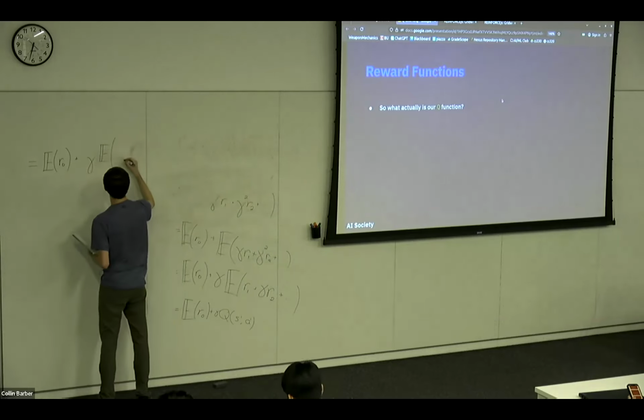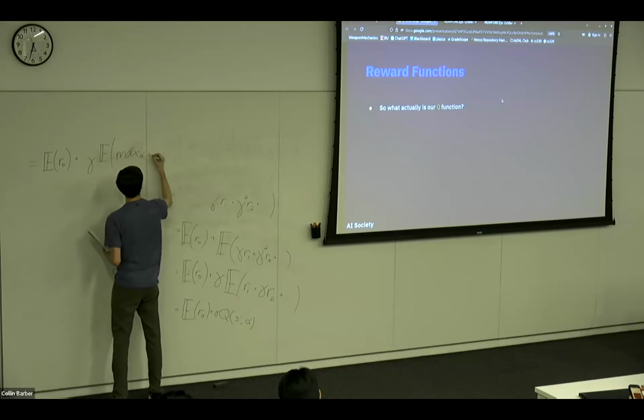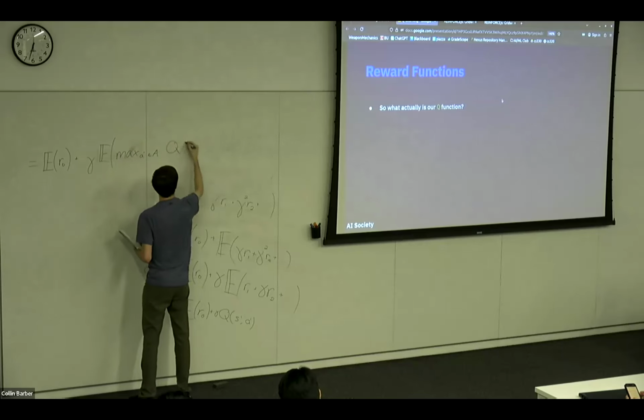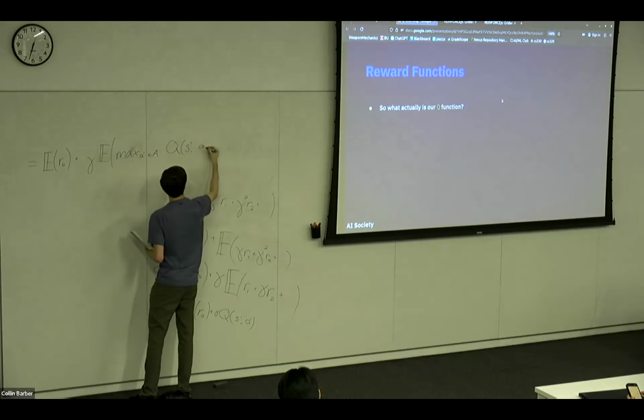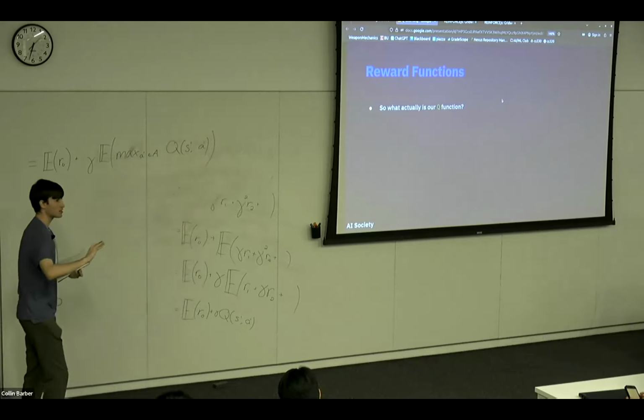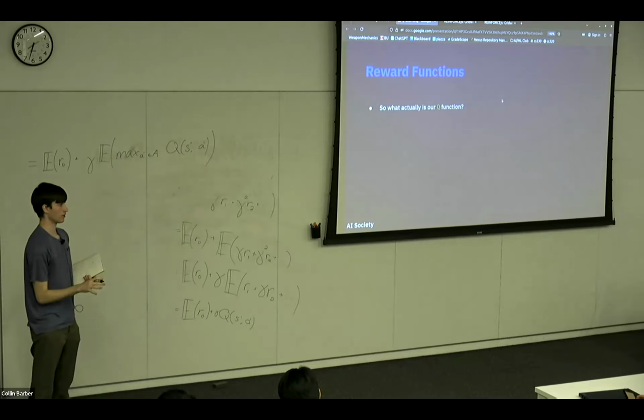So we're trying to take the expectation of max A prime in our action space. We're trying to find the best action of our Q from our new state and our best action. So we aren't actually recursively calling Q, right?